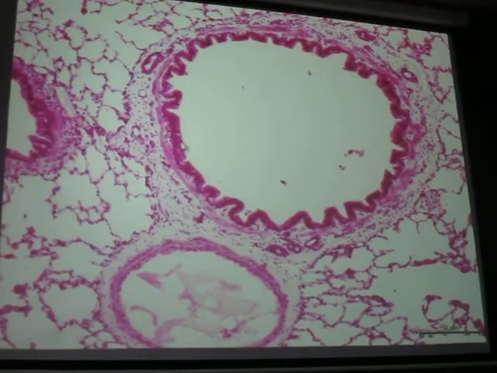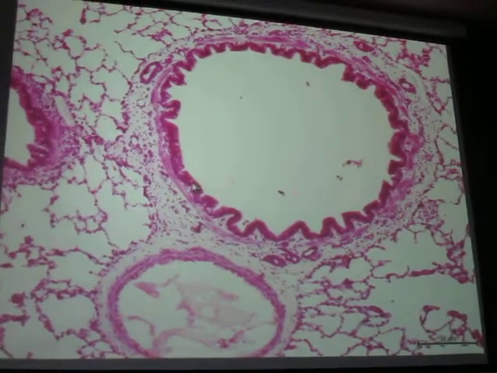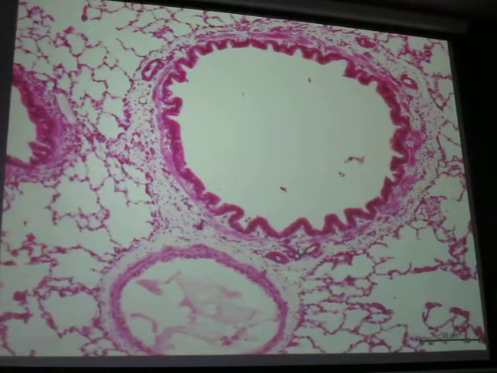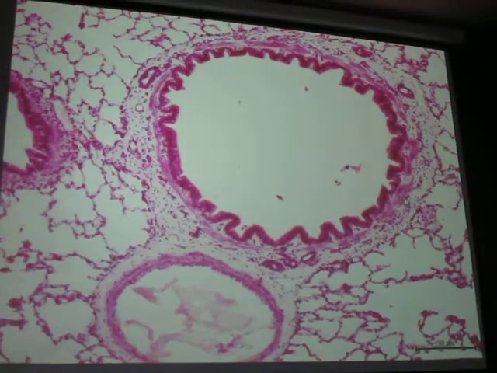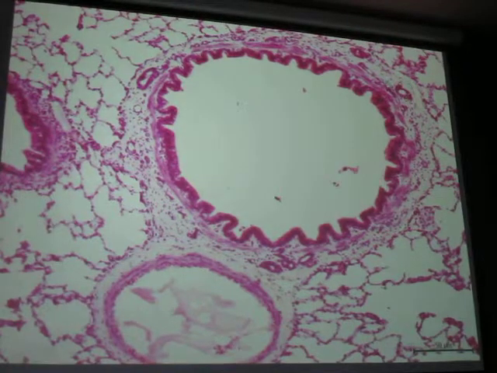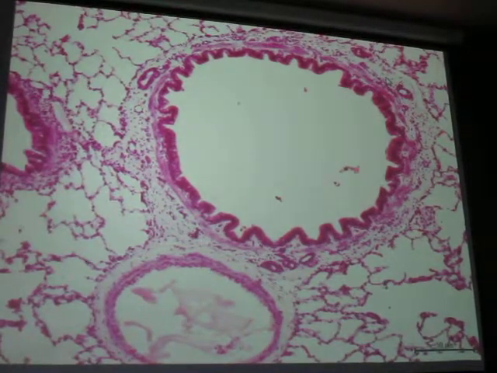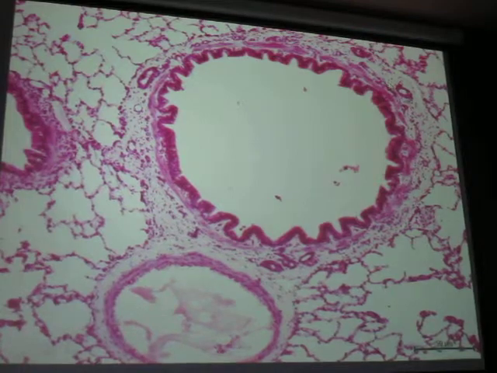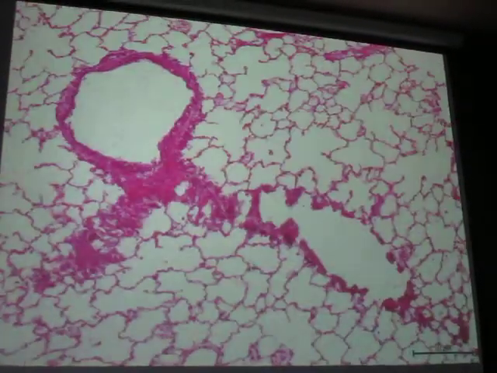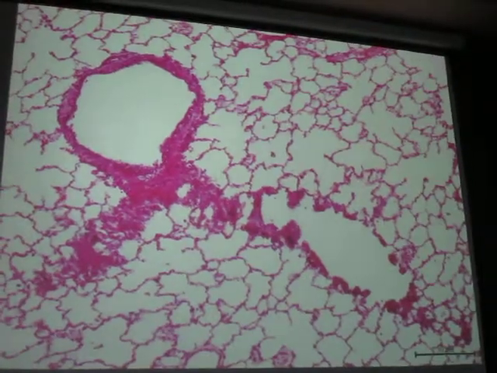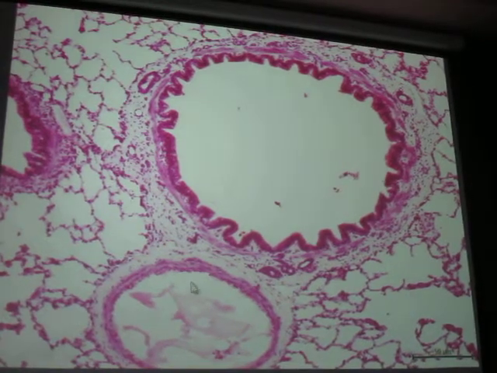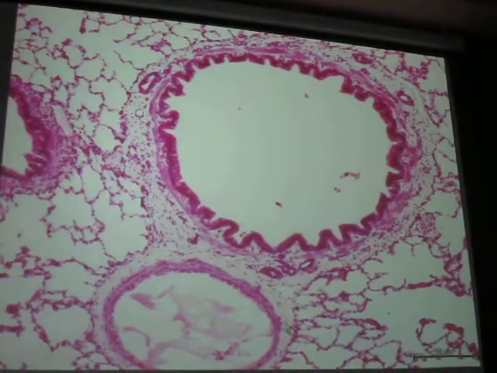The gland there, goblet cell. You have submucosal glands here and there. Where's the cartilage? Randomly distributed smooth muscle. And cartilage, though I think this is the cartilage, but it's not well defined. Like here, it is associated with the pulmonary artery.